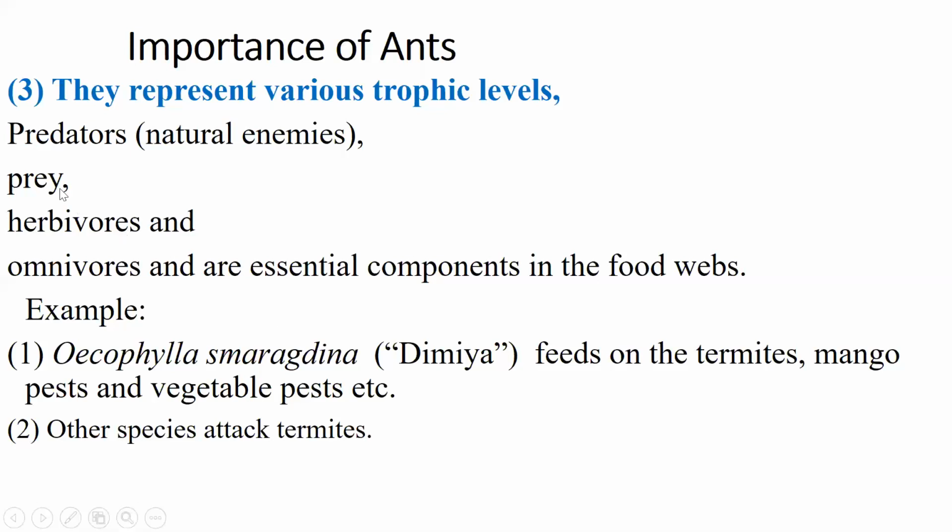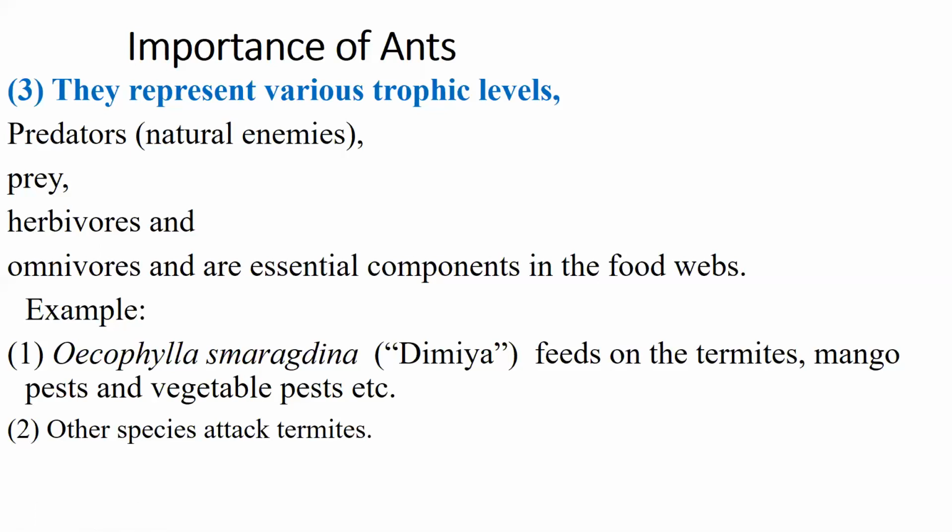Then there are many other animals and insects in our surroundings that feed on ants. What are they? Here the ants are prey. There are anteaters, pangolins for example, and also birds that feed on ants, and there are many lizards and snakes.